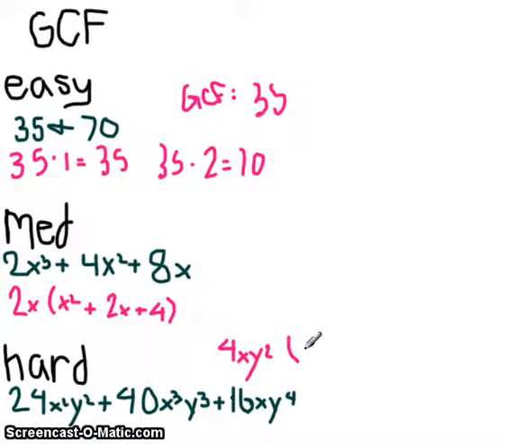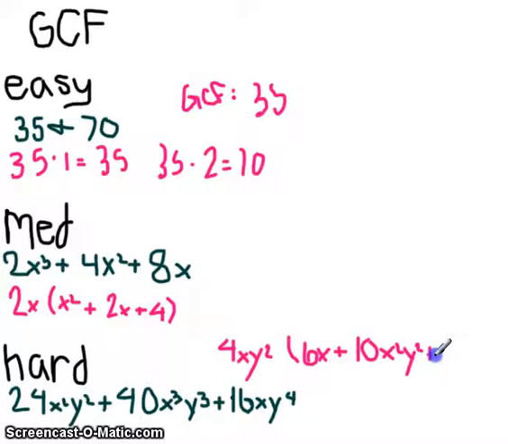So with the first one left over, we have a 6x, and we took out both y's, so there's no more y's. And then we have a 10x to the second, y to the second.